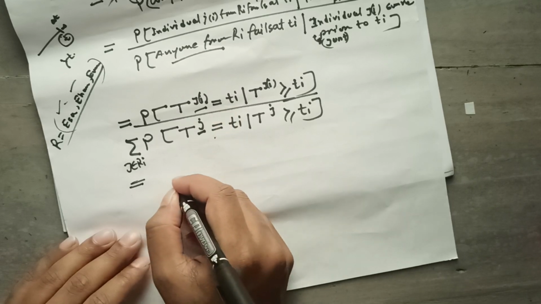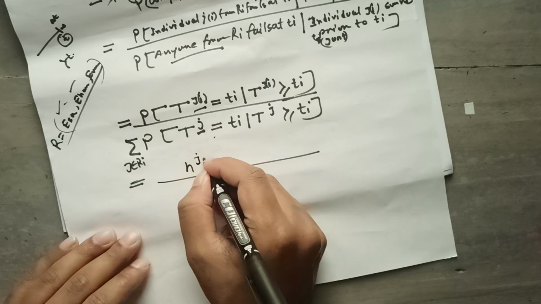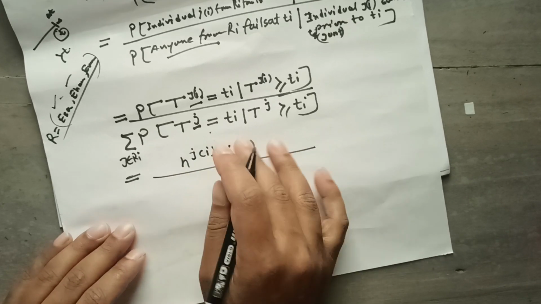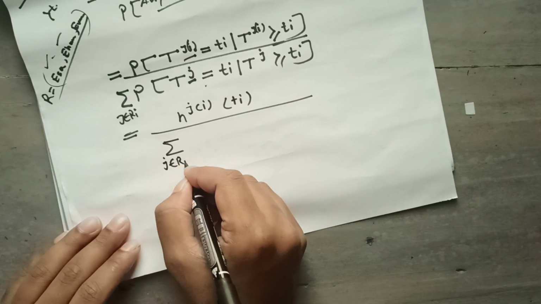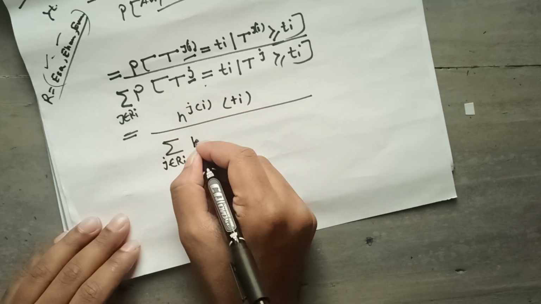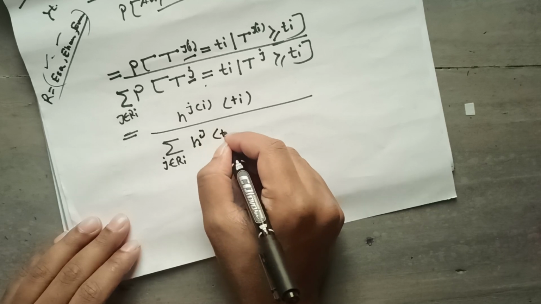So now we can write h of Ji at Ti, and in the denominator, the sum over J belongs to Ri of h of J at Ti.